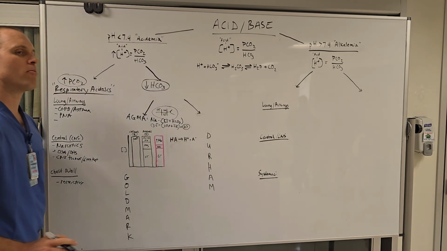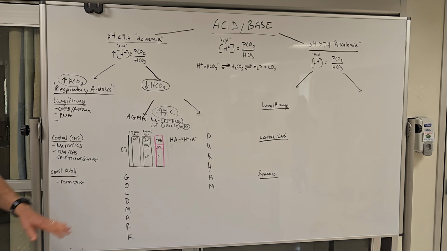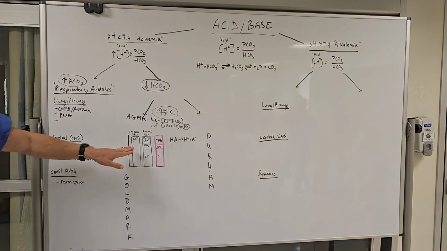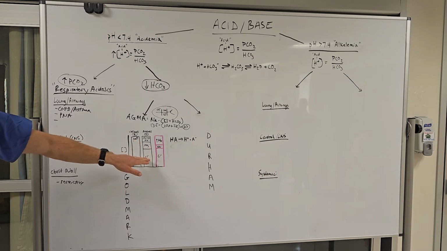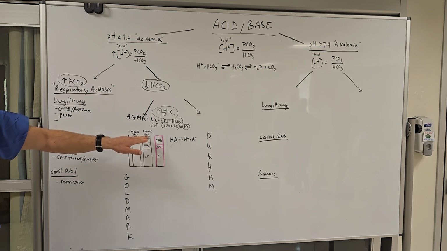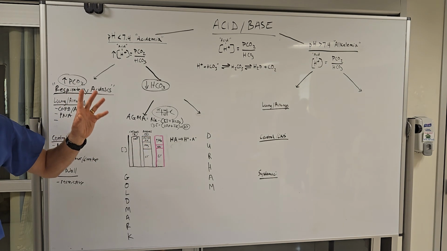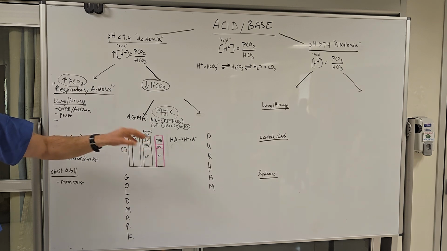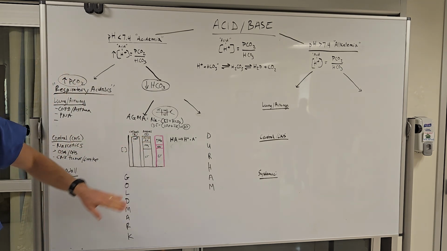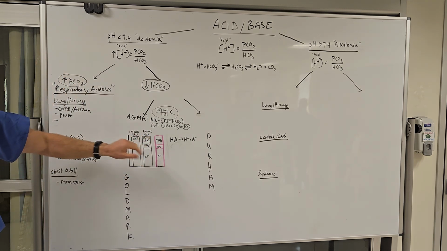Normal anion gap is 10 to 12, so that's normal. Here's my little model depicting this. You have your concentration of sodium, your concentration of bicarbonate and chloride, and then these are the leftover negative things like phosphates and albumins. Those are the other negatively charged things that make up the anion gap. But same amount of positives, same amount of negatives.